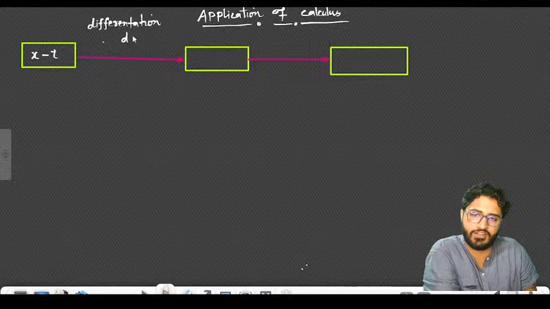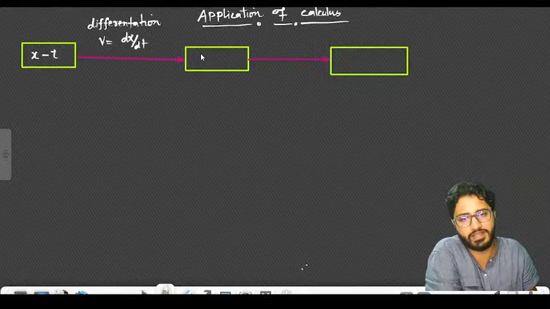So if we are differentiating, dx by dt, it is velocity. So you will get velocity versus time.